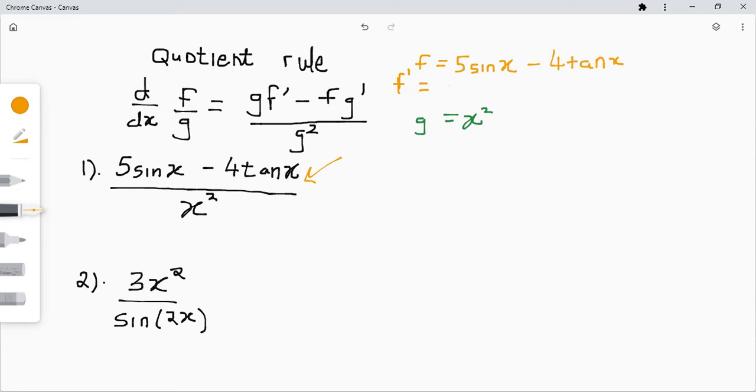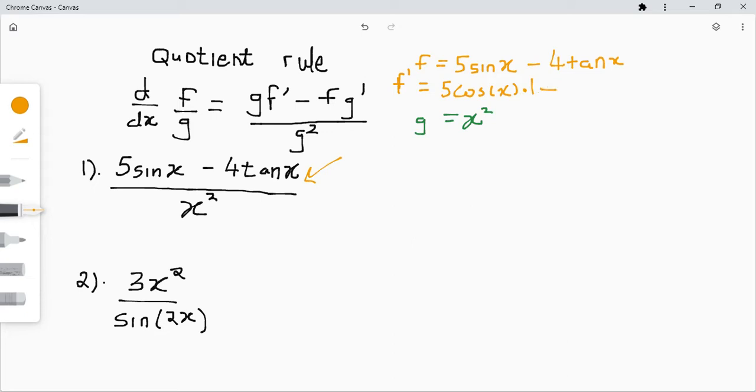So we're going to have 5 cosine x. All right. Then we have to derive this x in here. And the derivative of x is 1, so you just say times 1.